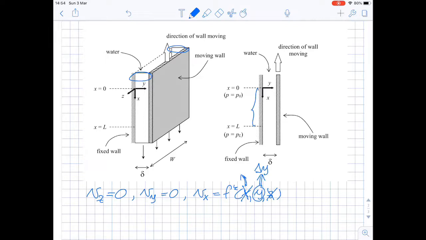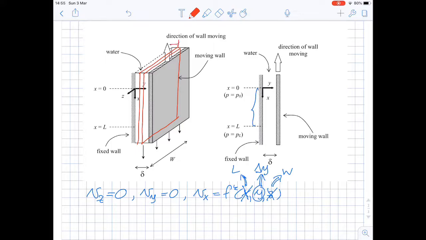Full size in the x direction has dimension of L, and full size in the z direction has dimension of W. So if I draw a shell in the picture with the length of L, width of W, and the thickness of delta y, I should get this picture.